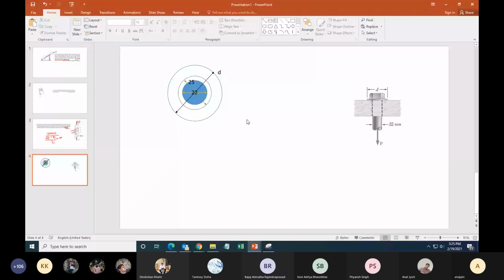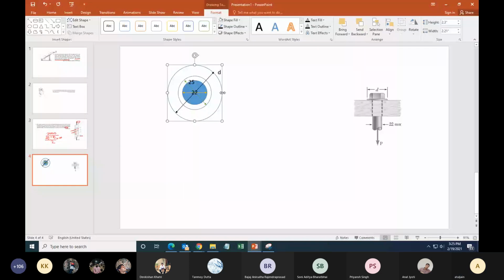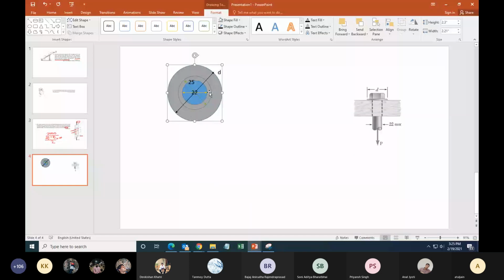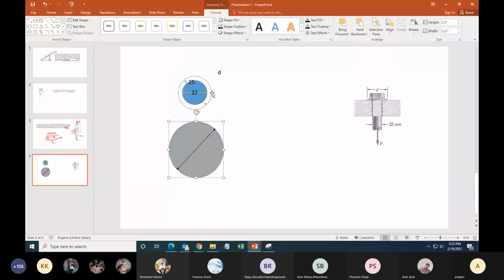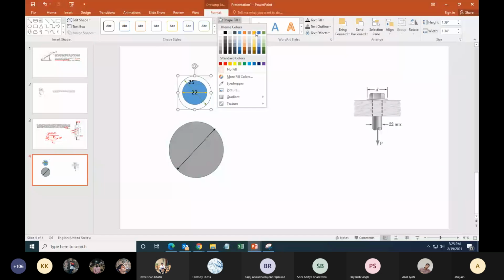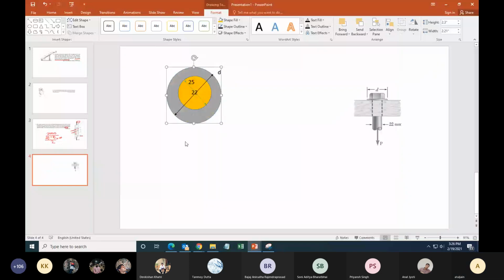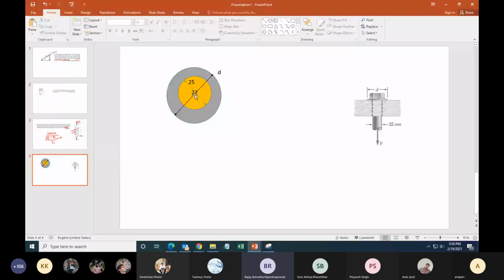So first one. It is actually going to be this gray area, right?